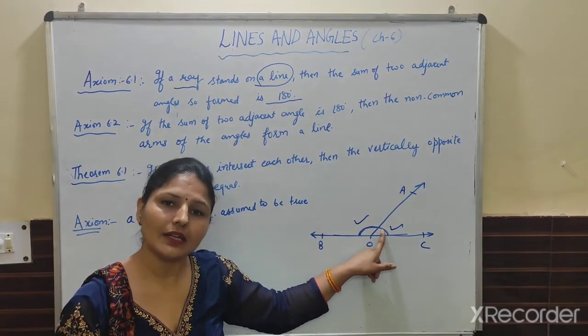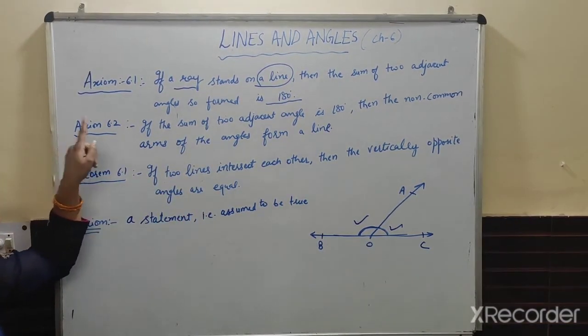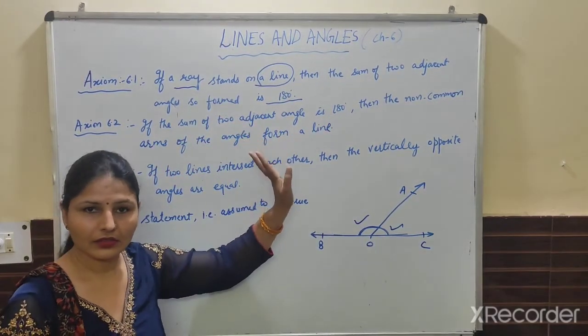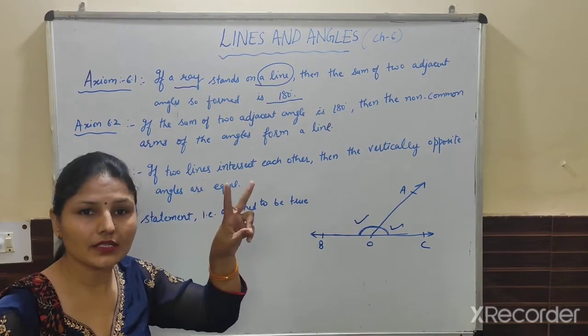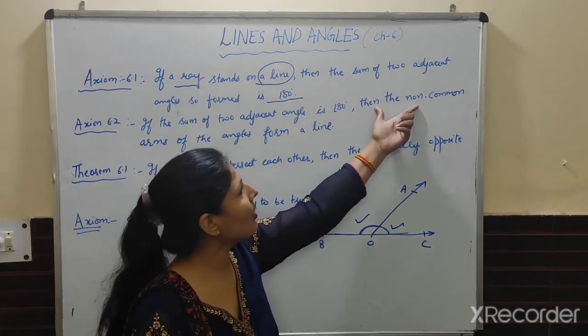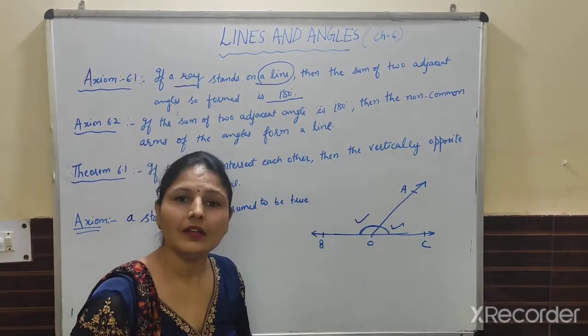be 180 degrees. Axiom 6.2: if the sum of two adjacent angles is 180 degrees, then the non-common arms of the angles form a line.